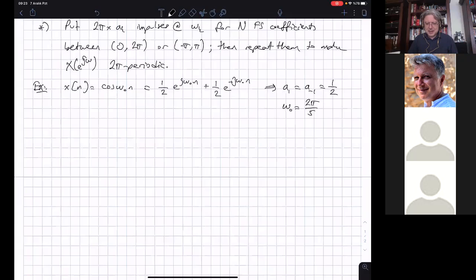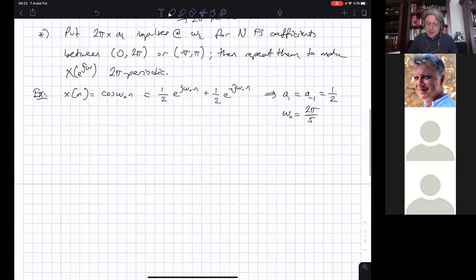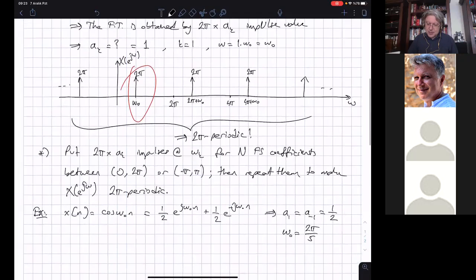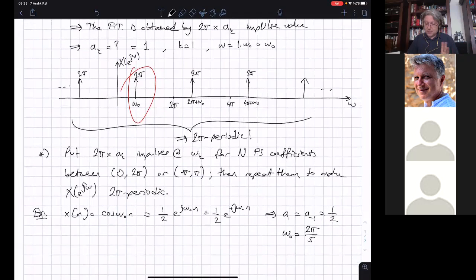Without this knowledge, it's not easy to draw something arbitrarily generic. But it's still fine. By the way, at the top one, I seem to have forgotten to give the overall formula in an analytical form. So what is x of e to the j omega? How can we write down the mathematical expression of that? As you see, there are infinitely many impulses, so it's an impulse train, and the magnitudes are all 2 pi.